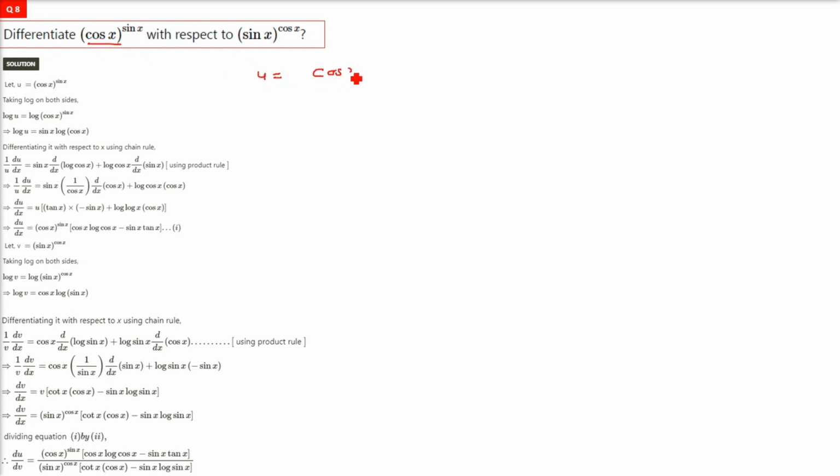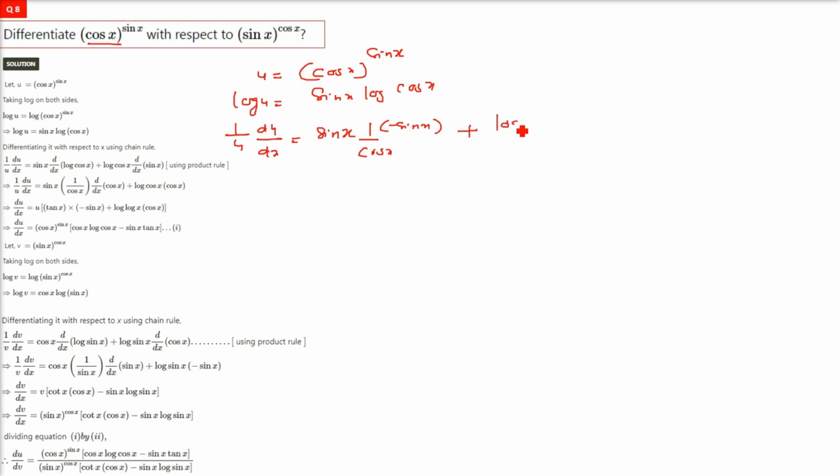Here also u is equal to cos x raised sin x. Log u will be what? Sin x log cos x, and when you differentiate this, 1 by u du by dx is equal to, now you apply the product rule here. So sin x log cos x will be sin x times 1 by cos x times minus sin x, plus log cos x times the differentiation of sin x, which will be cos x.